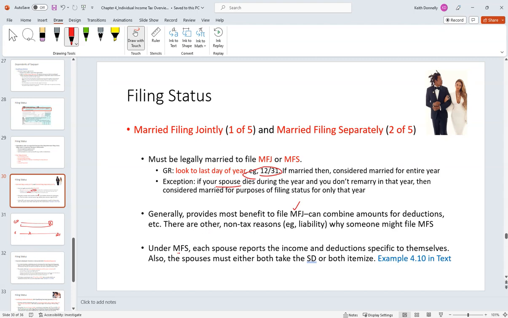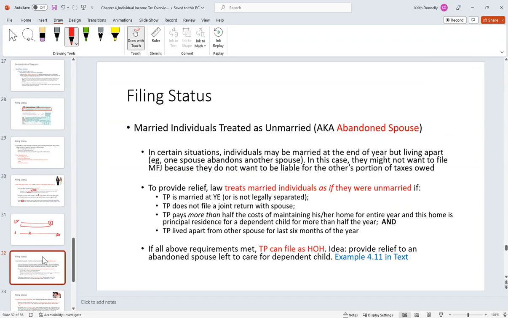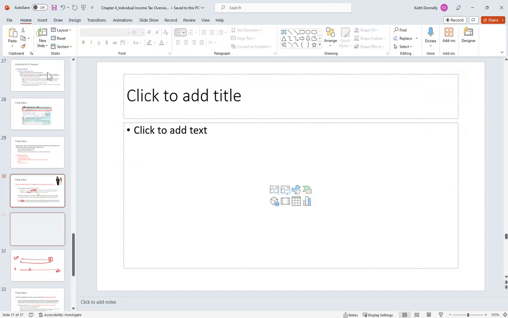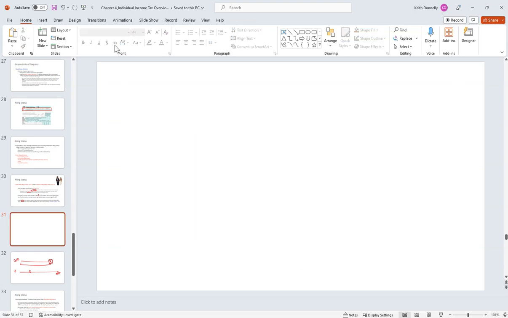In distinction, we have married filing separately. This is essentially where each spouse reports their income and deductions for themselves. And I'll go to this, but let me draw another item here. So why would you do married filing separately?